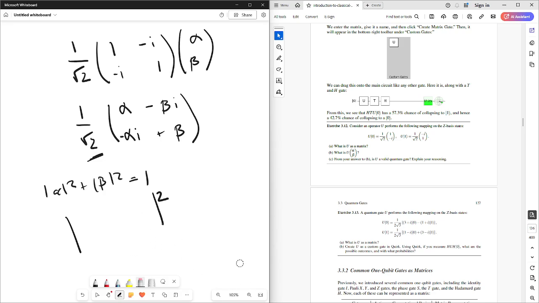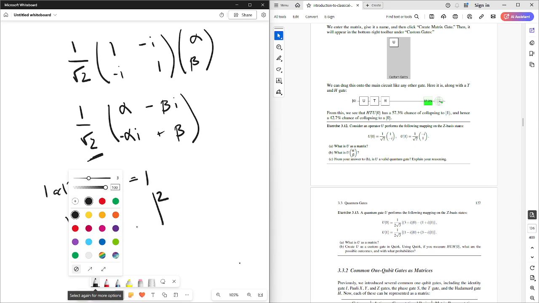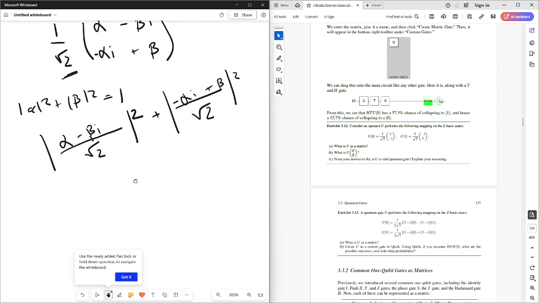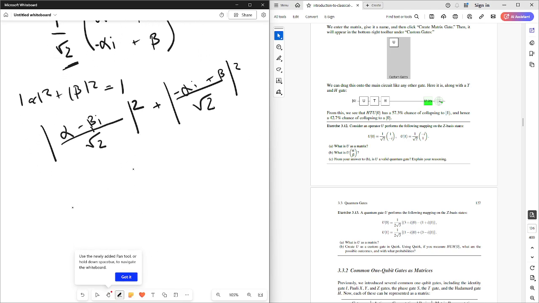For simplicity's sake, we'll do it over square root of 2: alpha minus beta i, and minus alpha i plus beta. We want to see if the norm squares of these are going to wind up summing to 1. When we take the norm square, we are multiplying something by its complex conjugate.